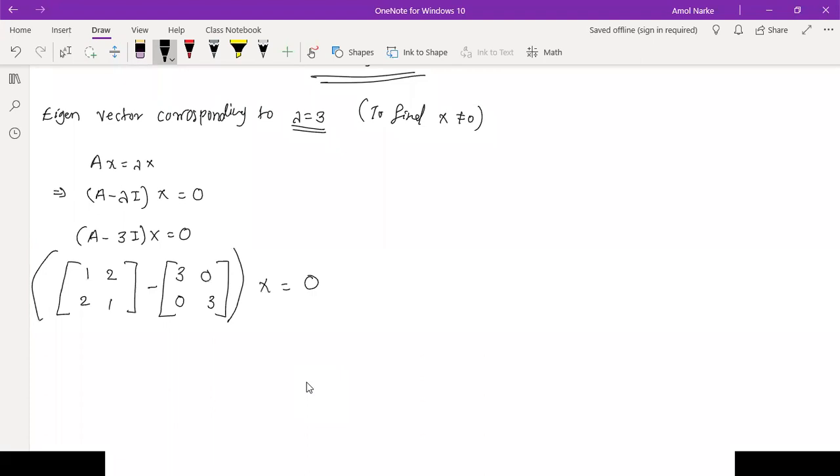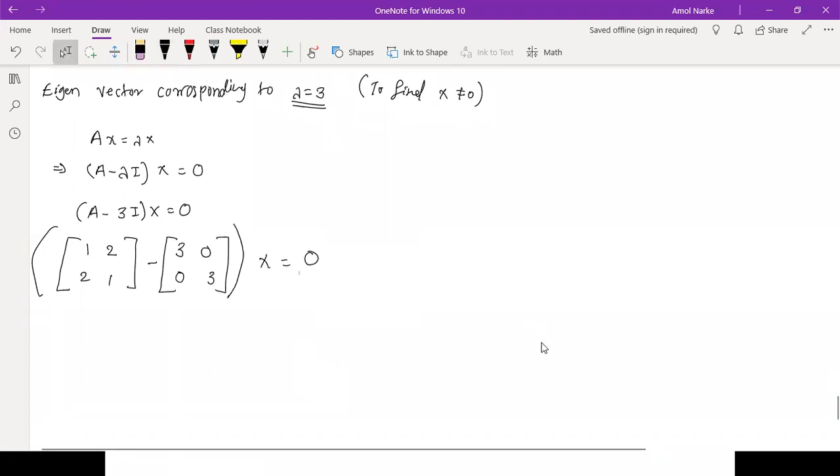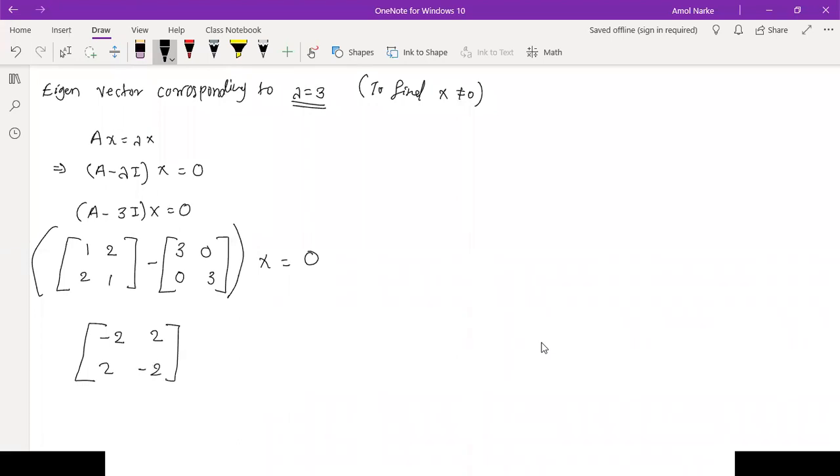Is it okay for you? So which matrix are you getting here now? 1 minus 3 is -2, and here 2. Here also 2, and here also -2. And the x vector I can write as the 2 by 2 vector x1, x2, which is equal to 0.